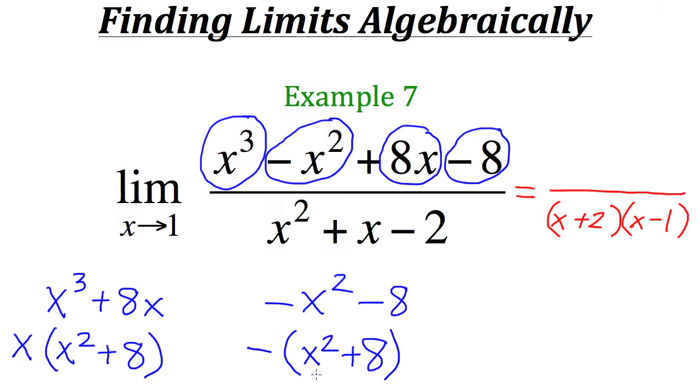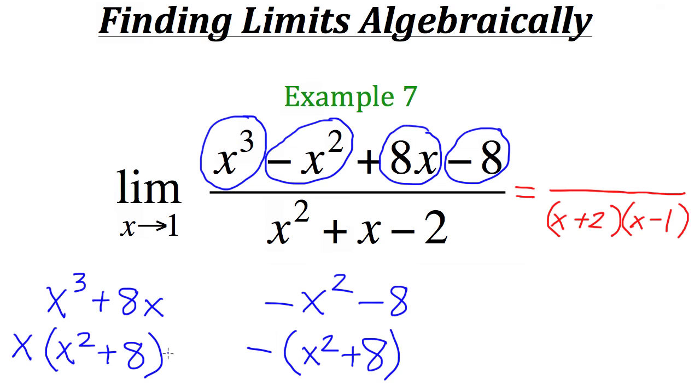Now that is the goal with grouping the numbers together in the numerator. You want to be able to factor out values to where you're left with this same binomial for both groups. So as you could see, our first group left us with an x squared plus 8, and the second group also left us with an x squared plus 8.